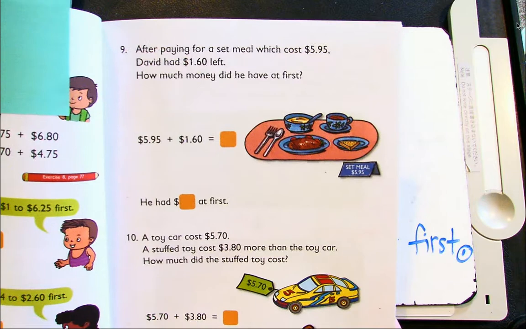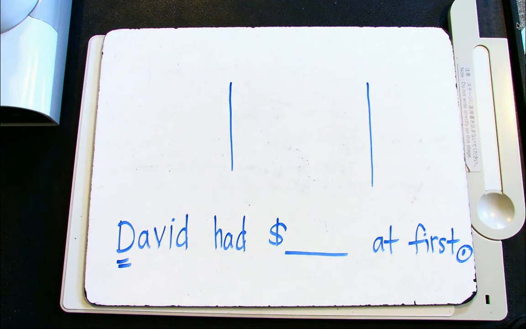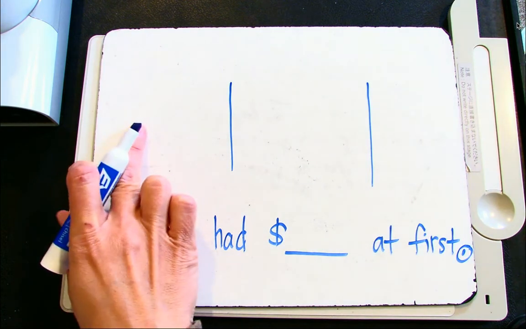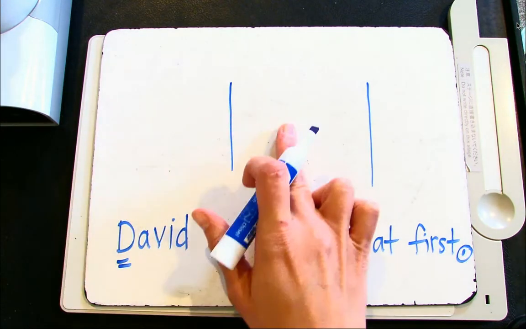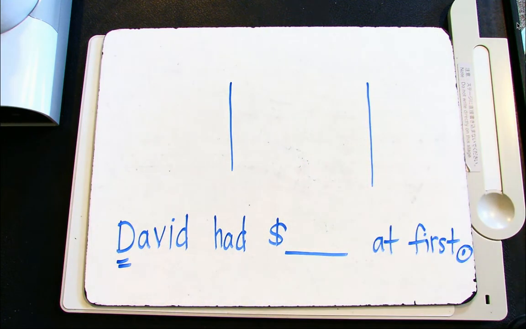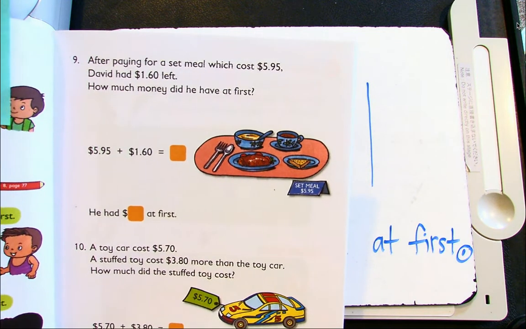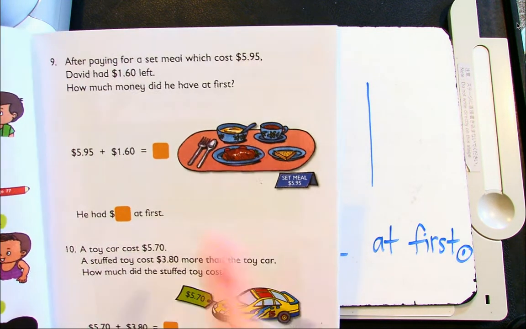Another thing we do when we're solving word problems is we draw our two lines, and then over here is where we write our who and our what. In the middle, this is where we do our unit bar, and then over here on the right side is where we show our computation. So let's see, who are we talking about here? It looks like we're talking about David.